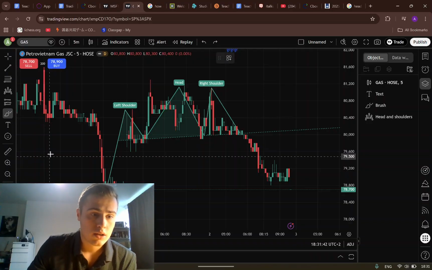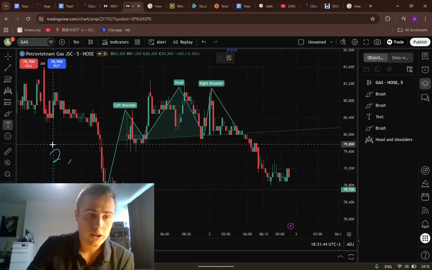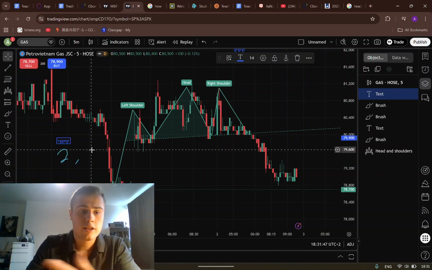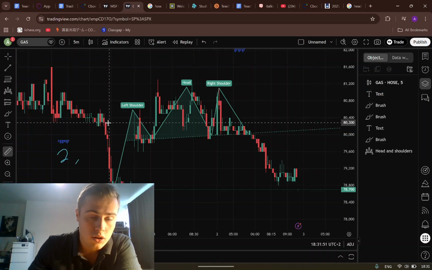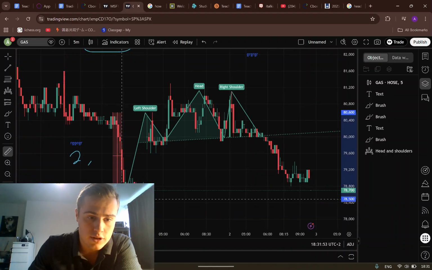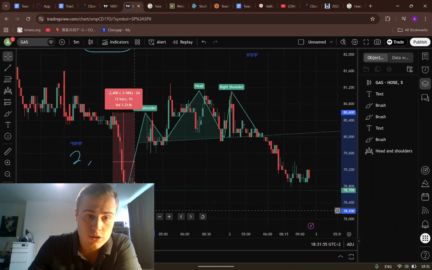Next tools are the brush, that gives us drawing, and text, we can write whatever we want, emojis. The measure tool shows us the difference between the values that we are interested in. So we see here that the price dropped by 2,400 in this sector.